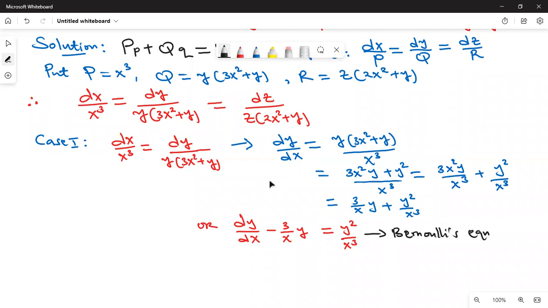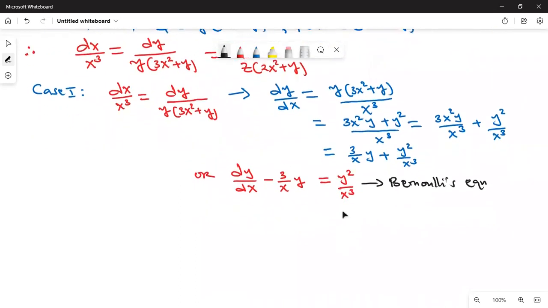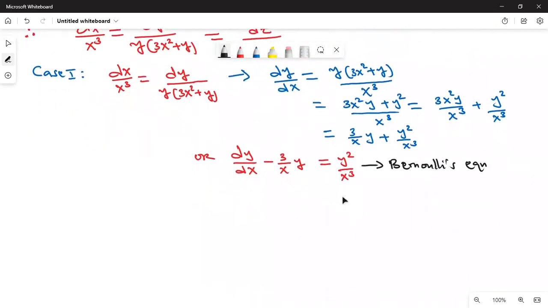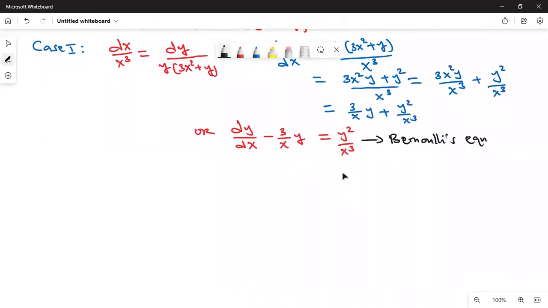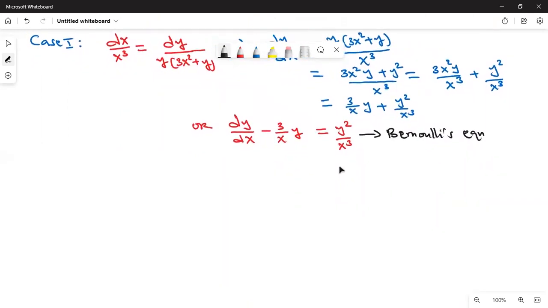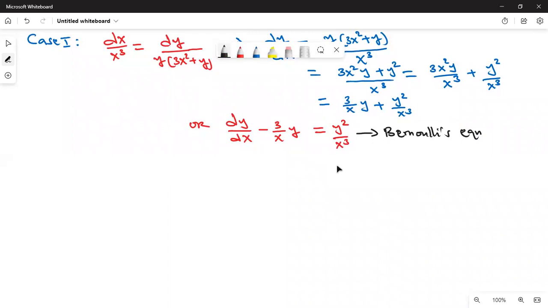Remember, the general form of Bernoulli's ODE is that it is a non-linear ODE, and we need to convert it to a linear ODE by making a certain substitution. So, how do we go about it? I need the function on the right-hand side to be purely a function of x only. So what I'll do, I'll divide the equation through by y squared.